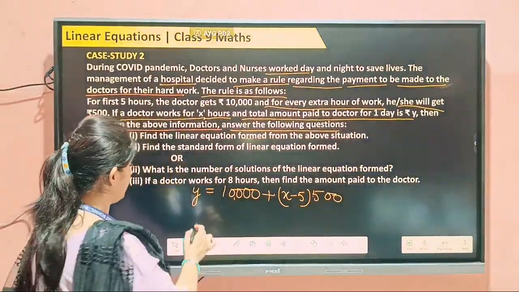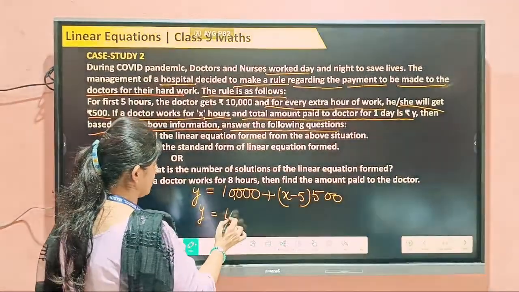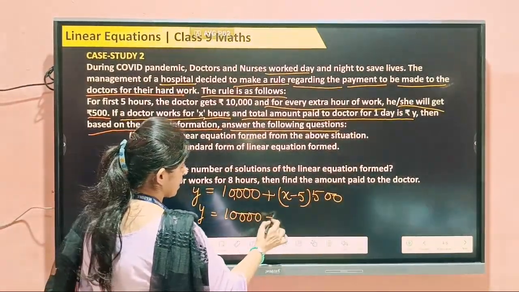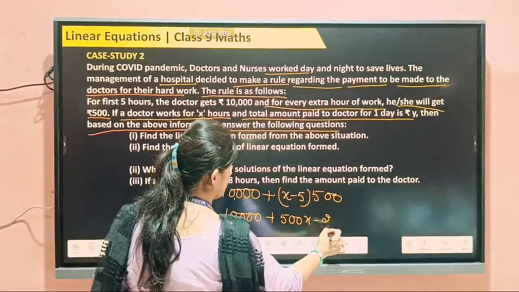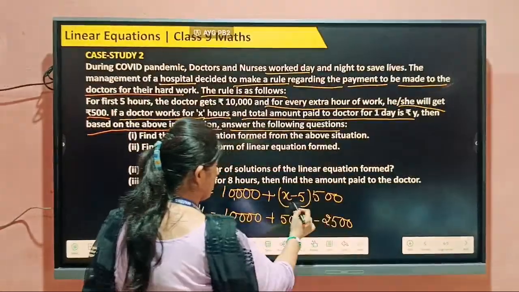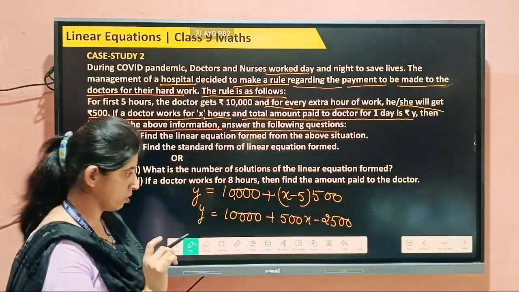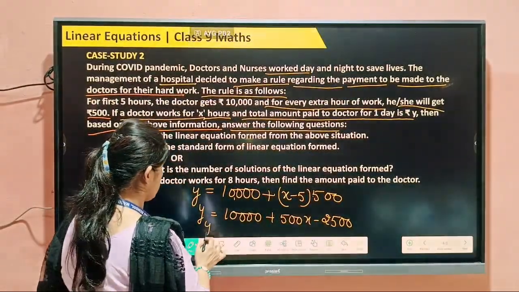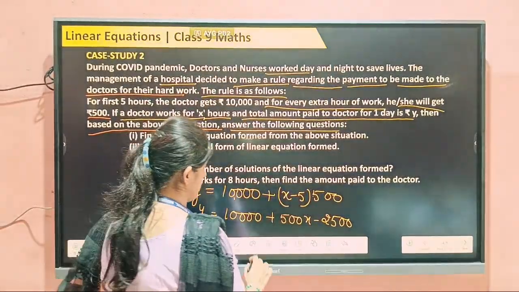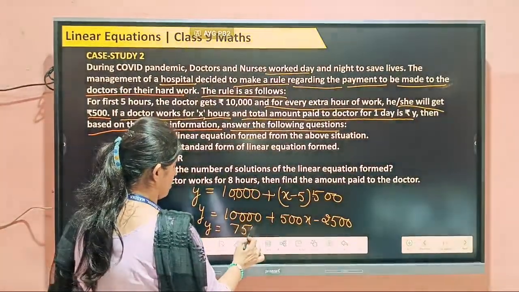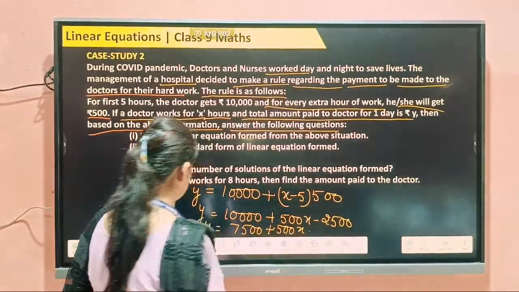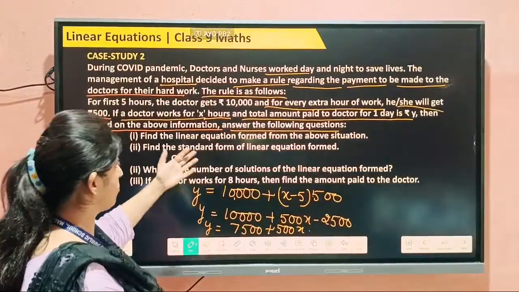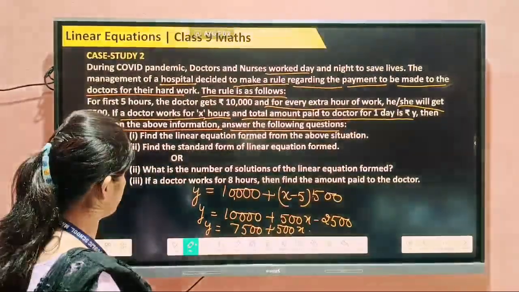So what will you get? Y is equal to 10,000 plus 500x minus 2,500, right? Because 500 will multiply to both. Now y is equal to 10,000 minus 2,500, which is 7,500, plus 500x. This is the linear equation formed by the above situation, right?